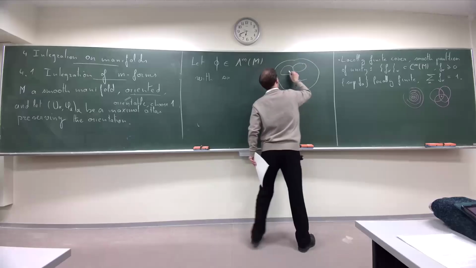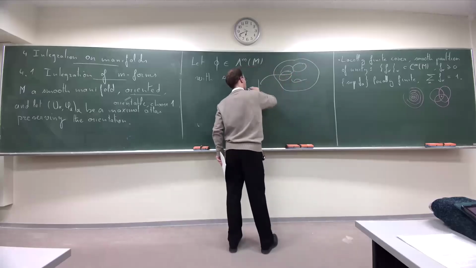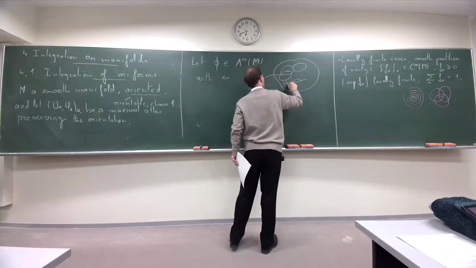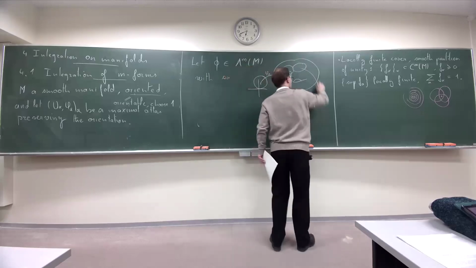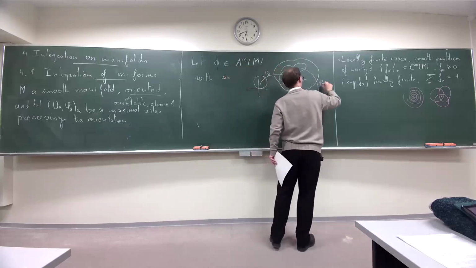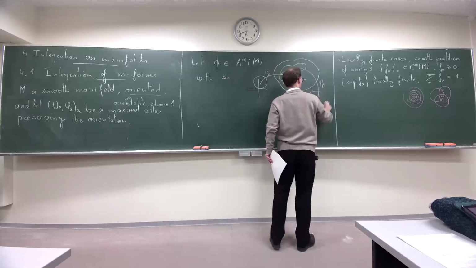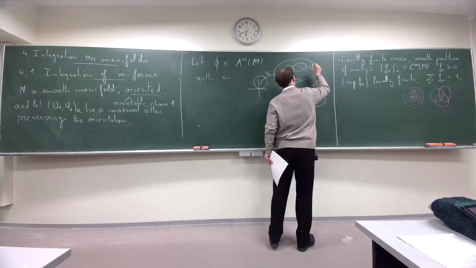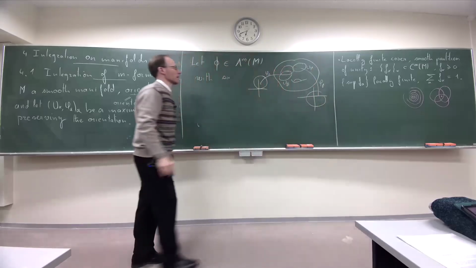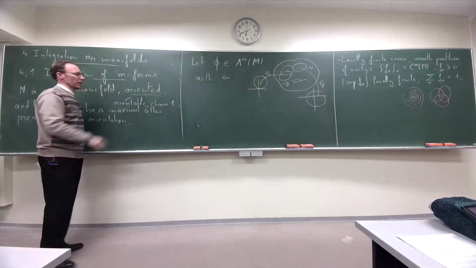You know, we have local charts. This is a U alpha, or let's call it U beta, and this is a phi beta. But we have this for a phi gamma and U gamma. Okay, we have the covering like this because we have an atlas.